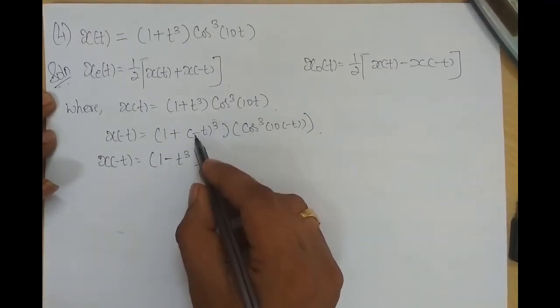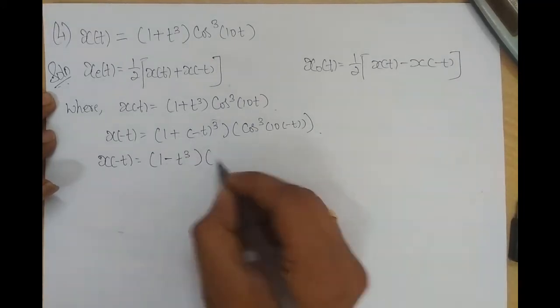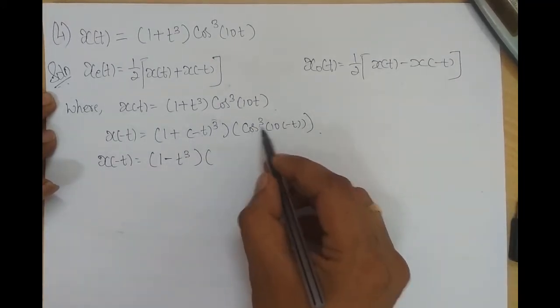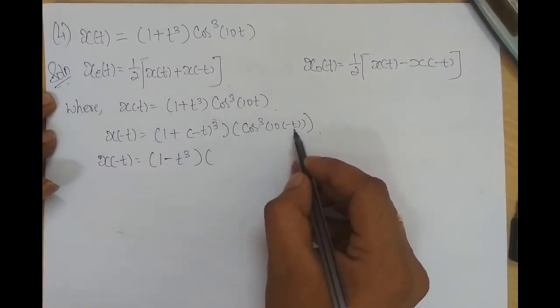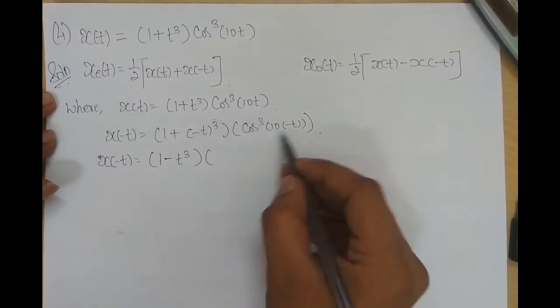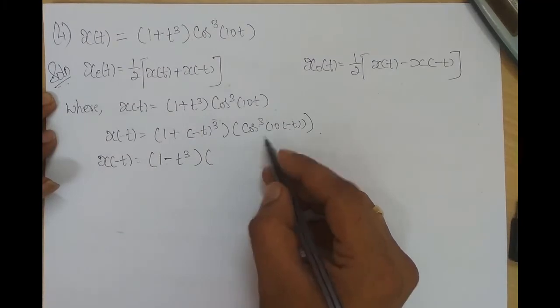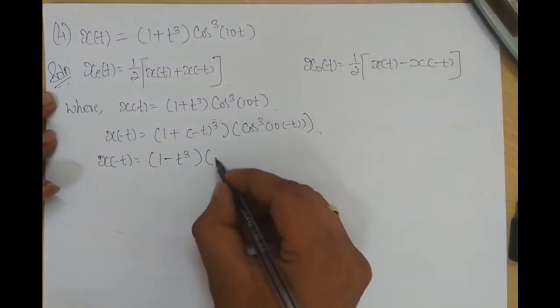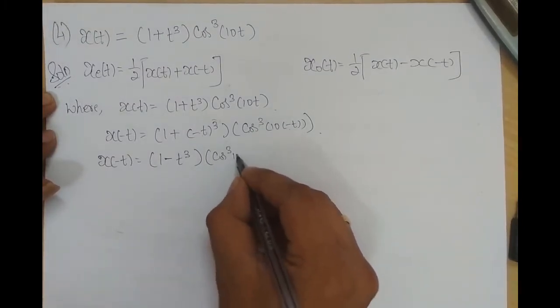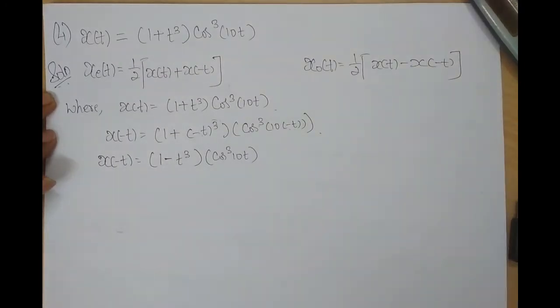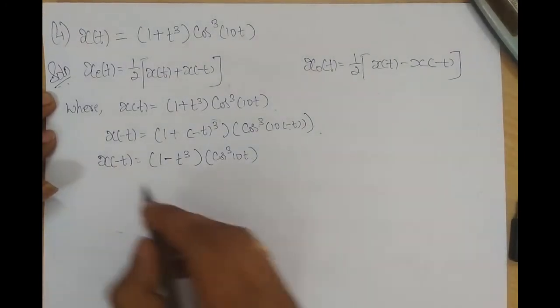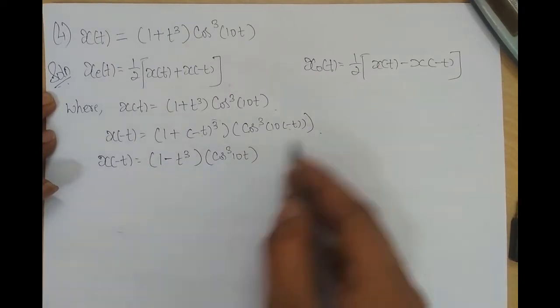Since it is odd, I end up with -t^3 itself. What is cos^3 of minus anything times t? It is cos^3 of that t, because cosine is an even signal. So it is cos^3(10t). This is the simplified equation for x(-t).